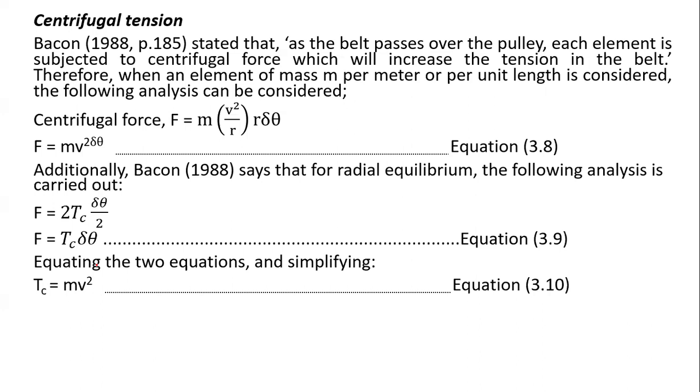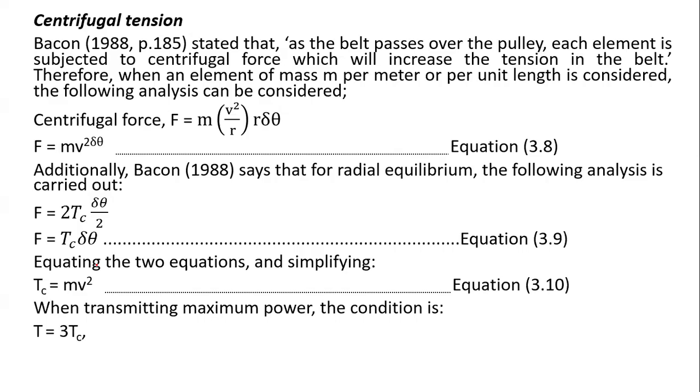So you have Tc is equal to m v squared. For maximum power transmission, the condition is that T, the maximum possible tension, is equal to 3 times the centrifugal tension.